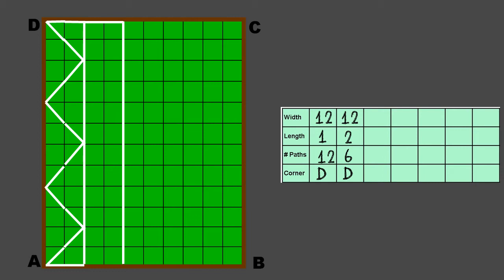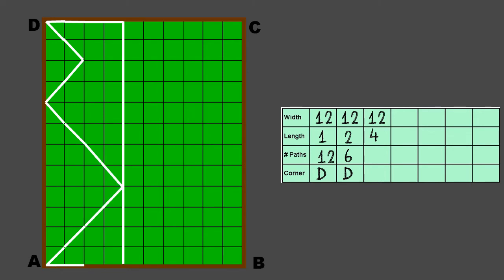Let's look at a 12 by 4, and what path is that going to take? That goes up this way, where you have 1, 2, 3 line segments, and it ends up in corner C. So it ends up in a different corner.